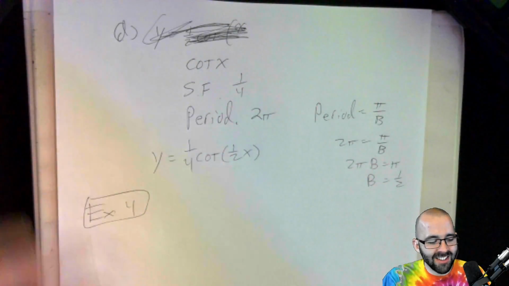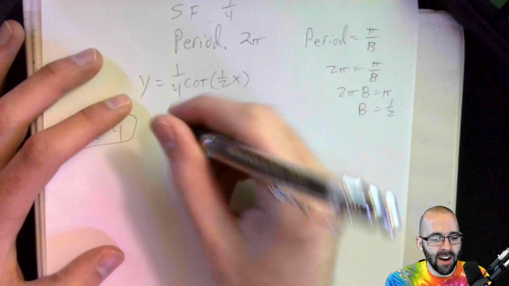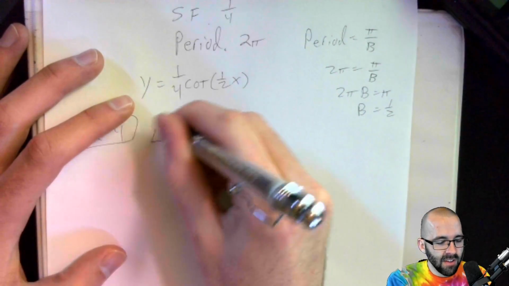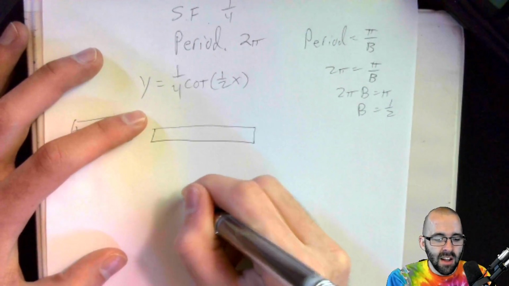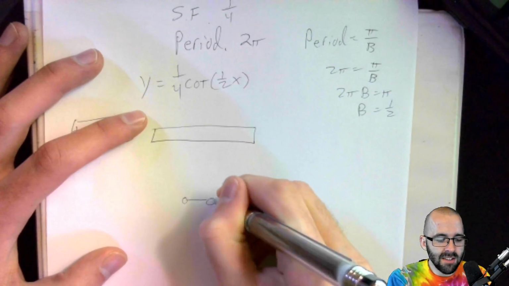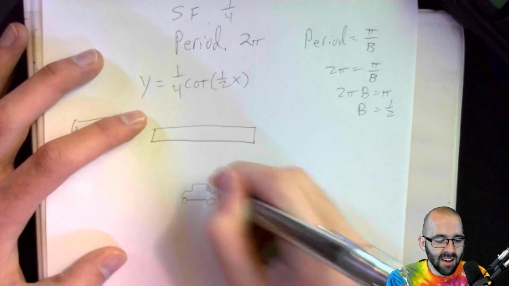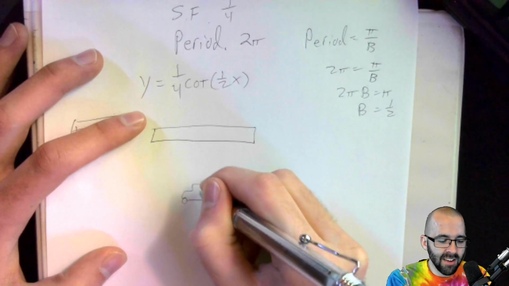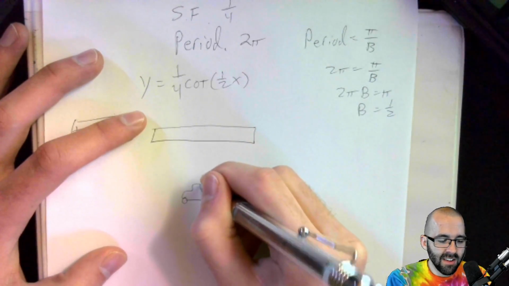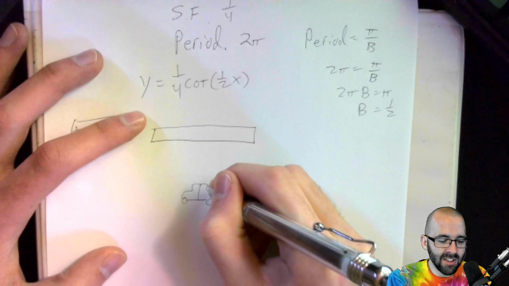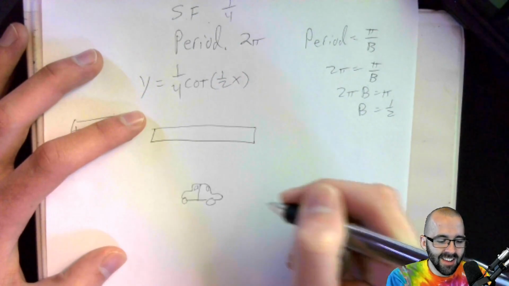I'm a very good artist. Okay, so we have a wall right here. And that's our wall. Then over here we got this nice little police car. And on the police car, it's got, you know, a door right here or something. It's got a windshield, it's got a window, something like that.